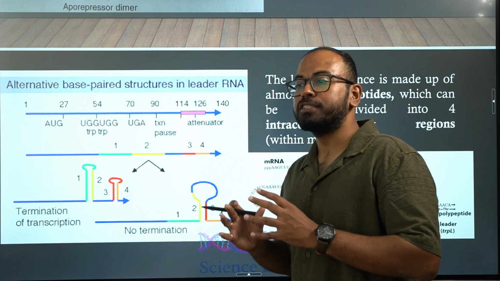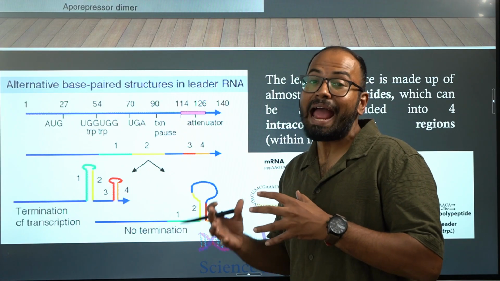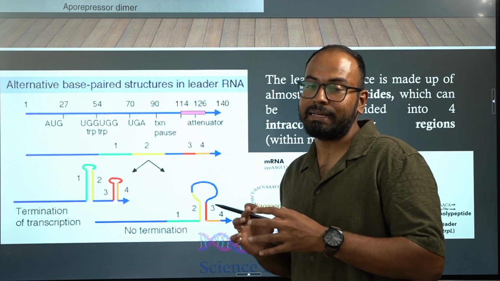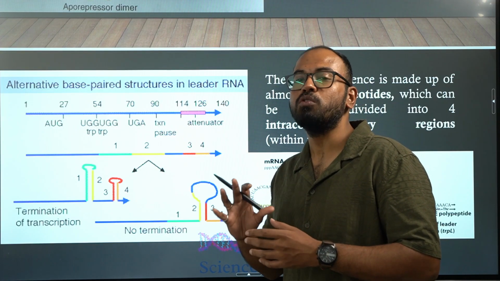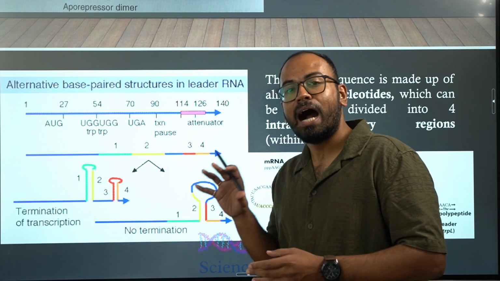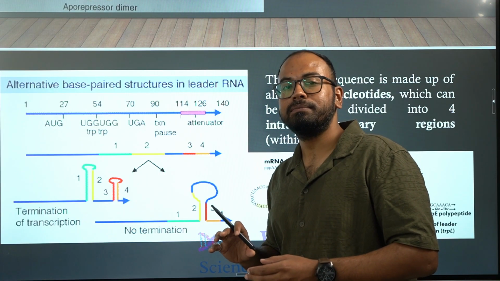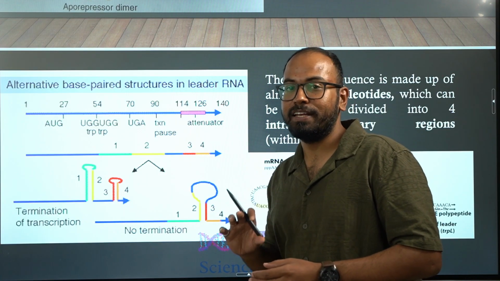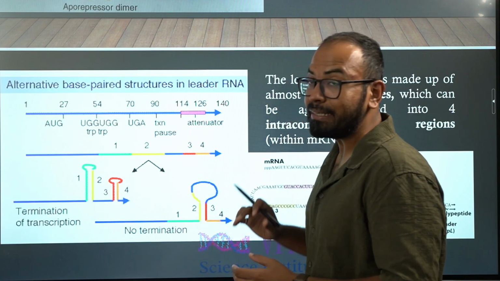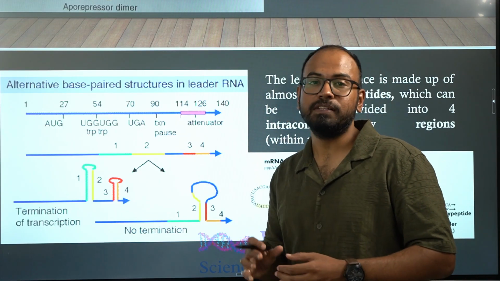We know this is a bacterial system, therefore transcription and translation are occurring simultaneously. That means it is a co-translational mechanism. So we have to understand how regulation is conducted in attenuation at high levels of Trp and low levels of Trp.